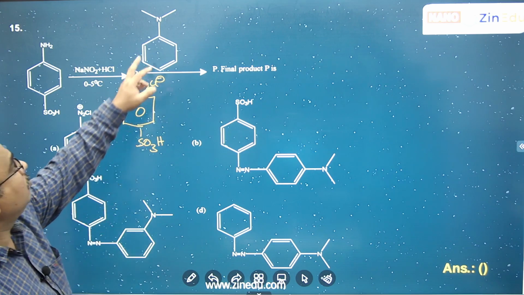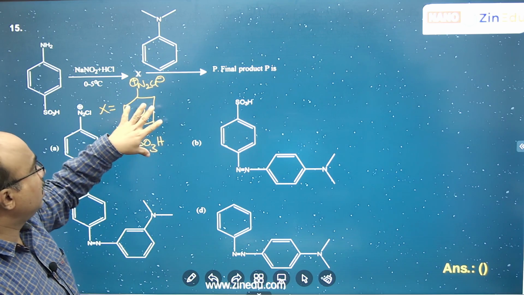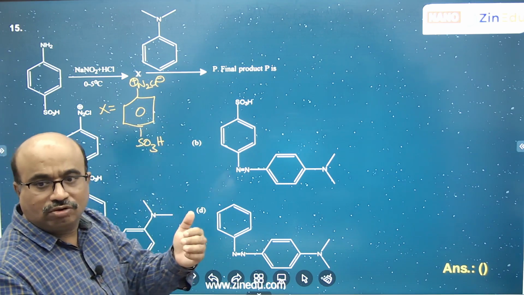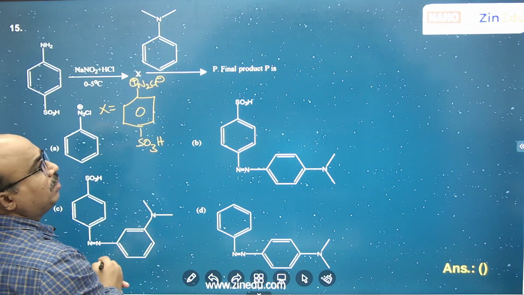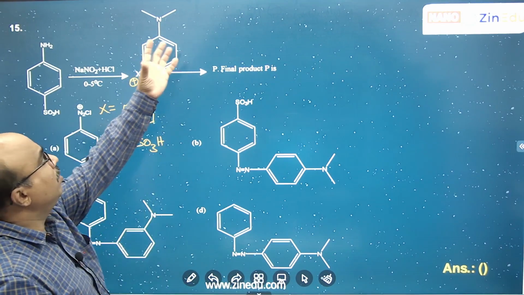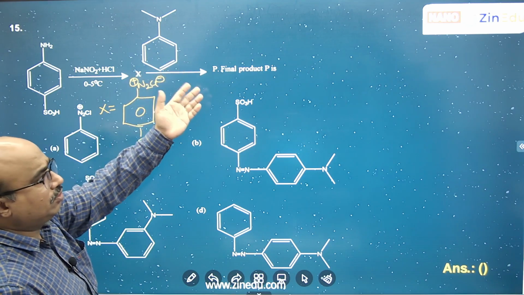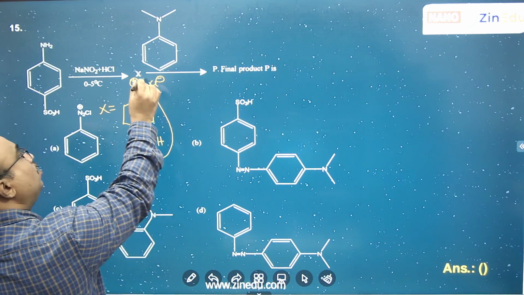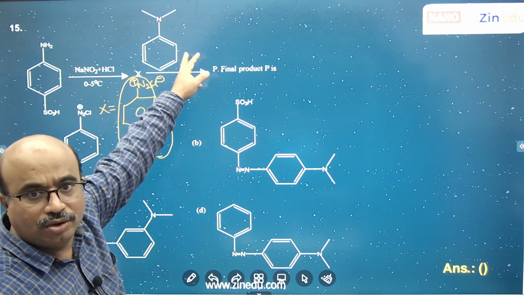Now this reaction has an activating group present on the benzene. When diazonium salts react, the reaction is a diazo coupling reaction, and the coupling takes place at the para position. This will act as an electrophile, and this is behaving as your nucleophile. So electrophilic substitution takes place at the para position, meaning N2 plus will be substituted at the para position to the activating group.